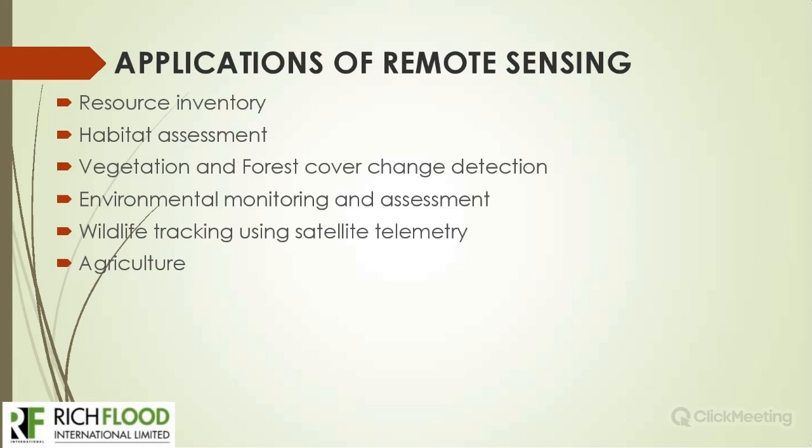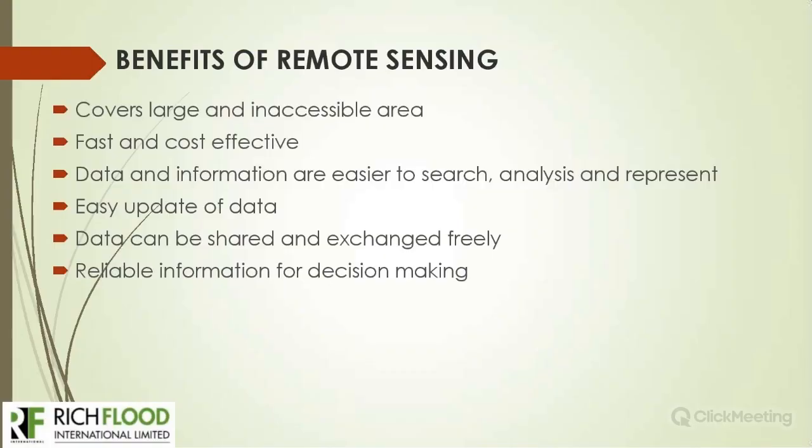Remote sensing can help you in carrying out that study. Another area of application is environmental monitoring and assessment, wildlife tracking, and also agriculture. So those are the various areas of application of remote sensing.